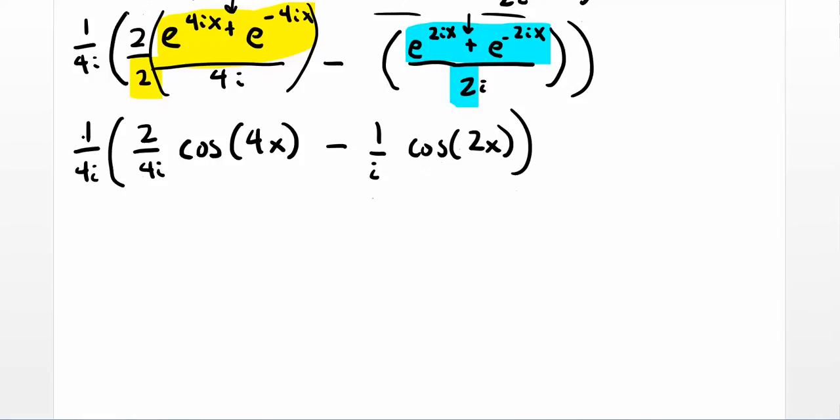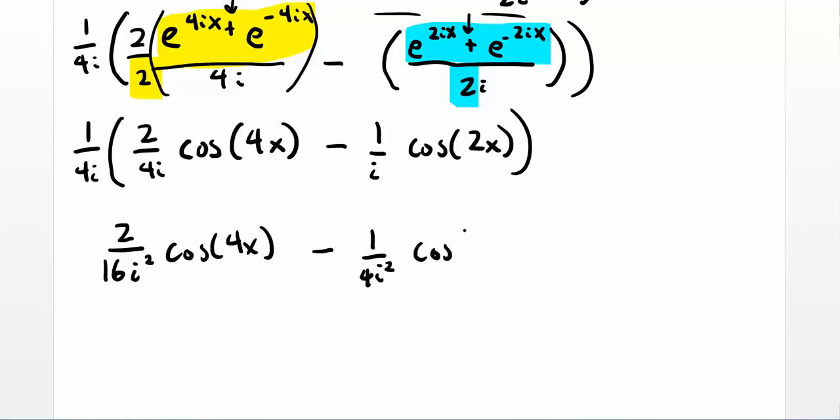So lastly, I'll just distribute this constant on the outside. I'm going to get 2 over 16 i squared cosine of 4x minus 1 over 4 i squared cosine of 2x.